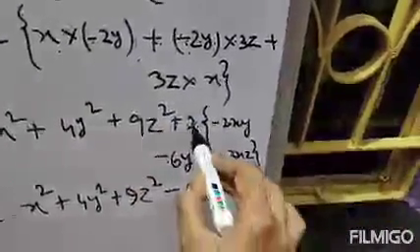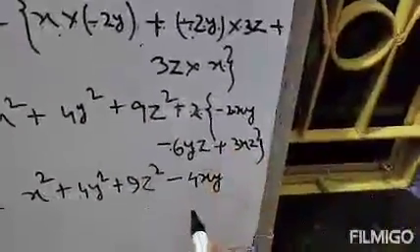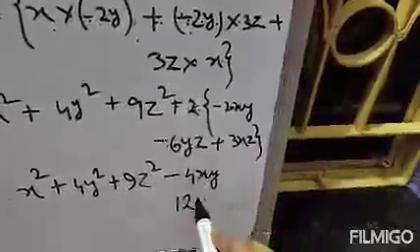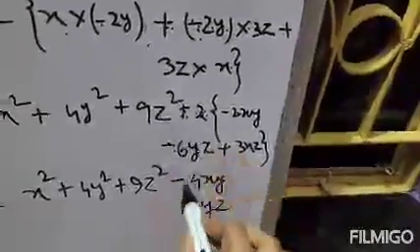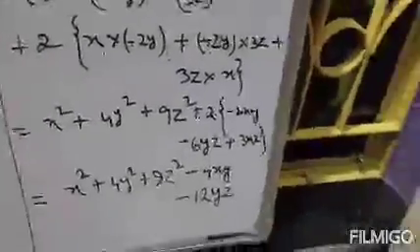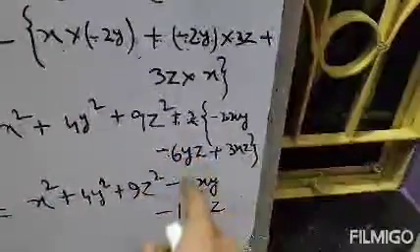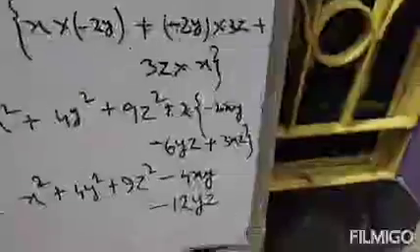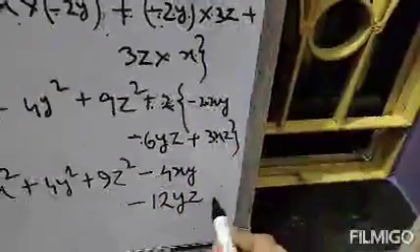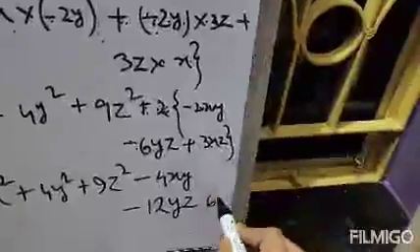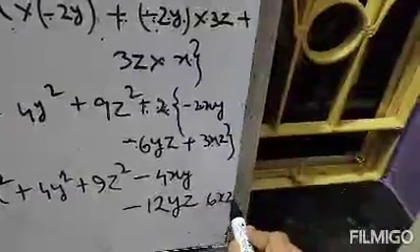Clear? Next again 2 is multiplied by this, so 2 6 are 12 yz, and plus and minus gets minus. Yeah, you are opening the bracket, then the sign will multiply itself, then plus and minus gets minus, then this is multiplied by this, then 2 3s are 6xz. Clear?